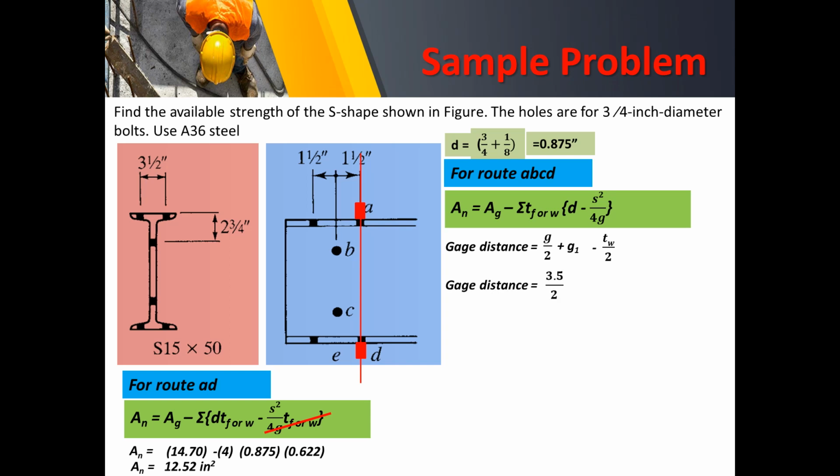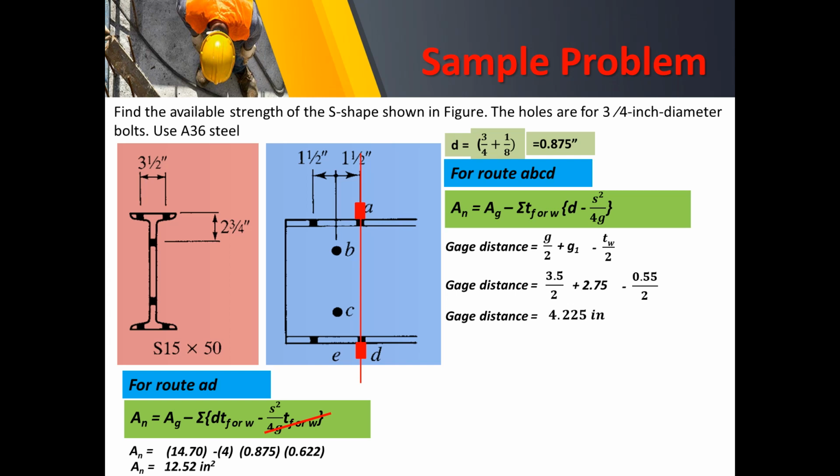So half of G, we have 3.5 over 2, plus your G1 is 2.75, or 2 3/4 in the figure, minus the web thickness of 0.55, so get the half of that. So with the calculation, we'll come up with 4.225 inches. Now this shall be used on the calculation of S squared over 4G, which involves S and G.